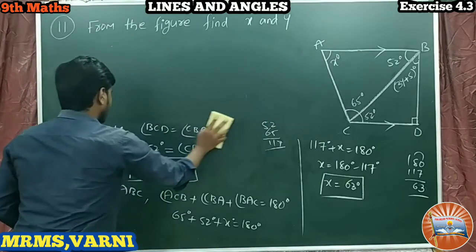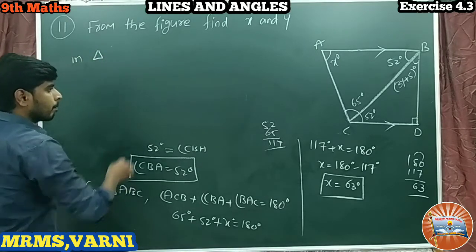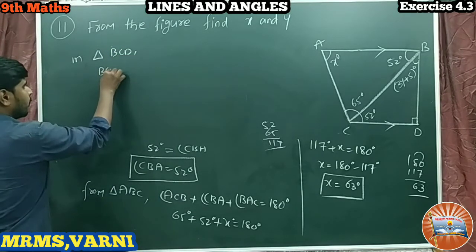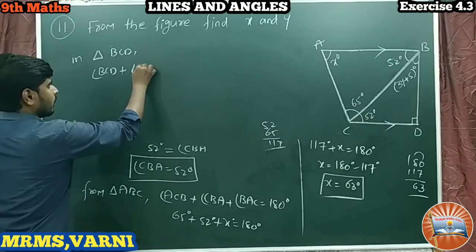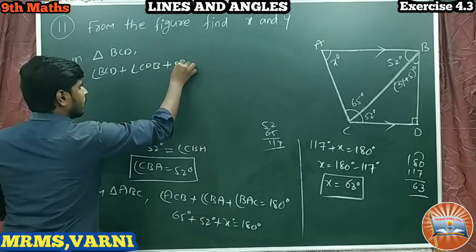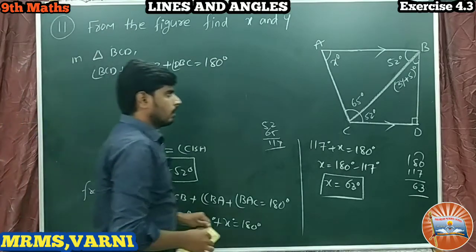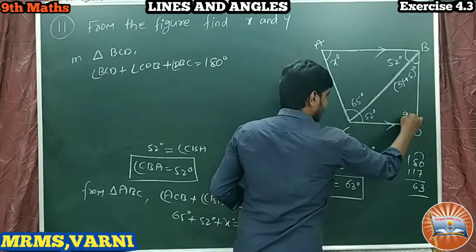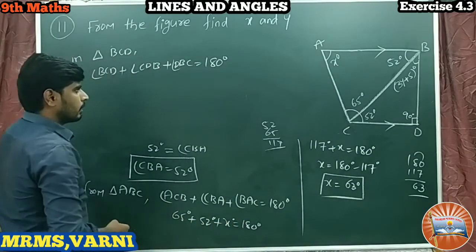Next, from the same figure, in triangle BCD, angle BCD plus angle CDB plus angle DBC is equal to 180 degrees, and BCD is 52 degrees, and CDB, given it is 90 degrees already, the symbol indicates it is right angle, and DBC 3y plus 5 degrees.